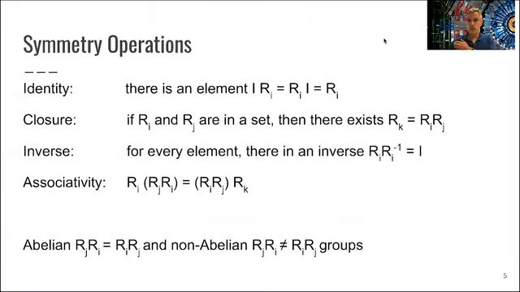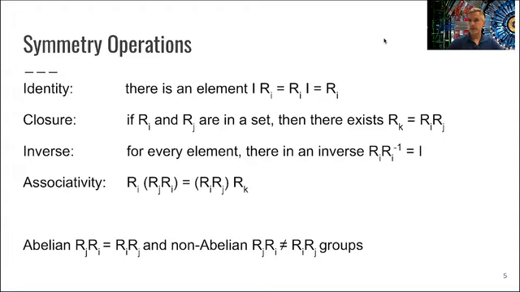Before we dive into more detail, a few things. In many cases, symmetry operations can be expressed via matrices or groups. And there are a few rules or operations which are rather important and define the symmetry.